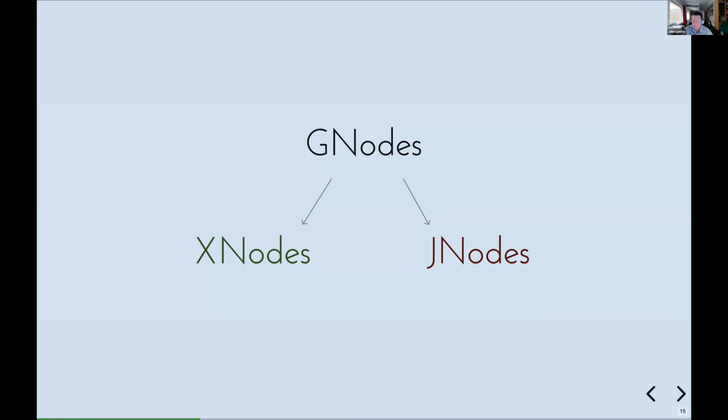It's weird, come to think of it, that this orderedness of maps by default is the reason why you can do a lot of other things. Obviously, if you have J nodes and X nodes in G nodes, you also have those as trees: G trees, X trees, and J trees, sorry.